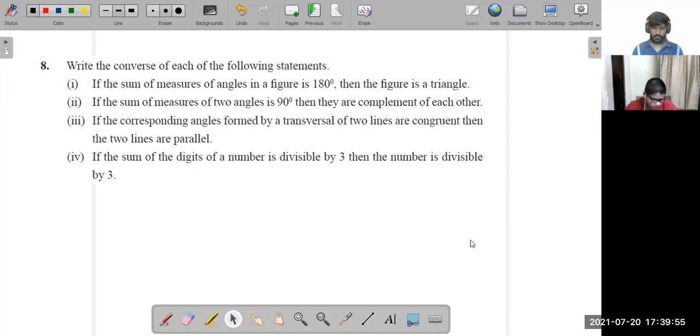Done, sir. Next. If two angles are complementary, then the sum of the measures of those angles is 90 degrees.